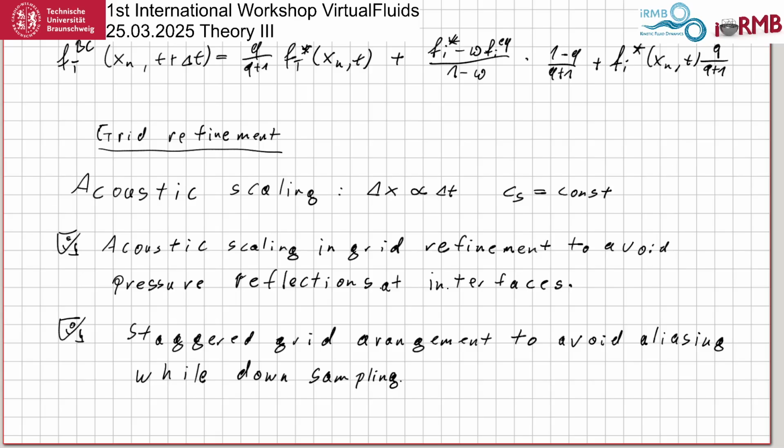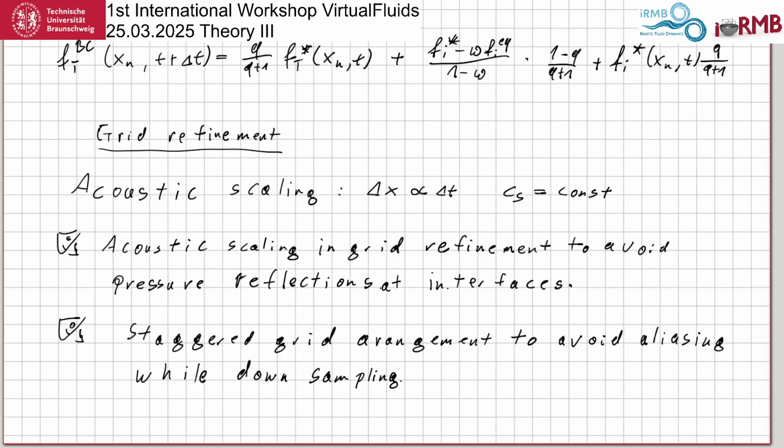If you downsample a signal, you have to low-pass filter it before, yeah, so that it does not contain any high-frequency information. And if you have overlapping grids, then the coarse grids will always overlap with the fine grid, so you could believe that you could simply copy the populations from the fine grid to the coarse grid.